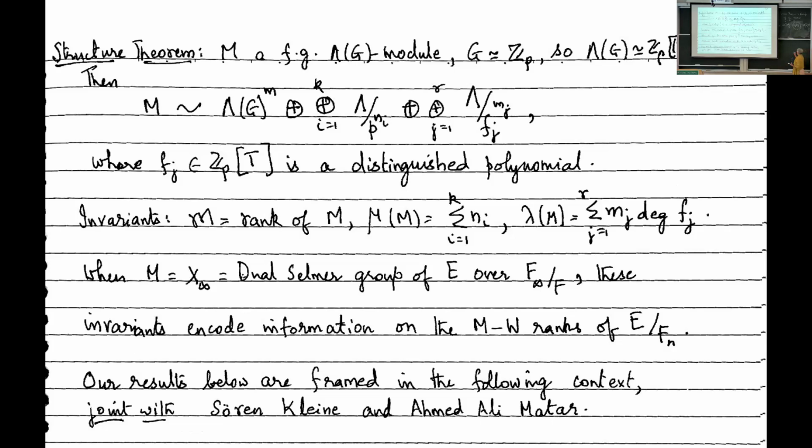And then, because of Leopoldt's conjecture, I take the composite of all the Zp extensions. So I have this natural extension, which has Galois group G, isomorphic to two copies of Zp. And in between, I'll have a multitude of Zp extensions, which I'll denote by H infinity, H prime infinity, and so on.